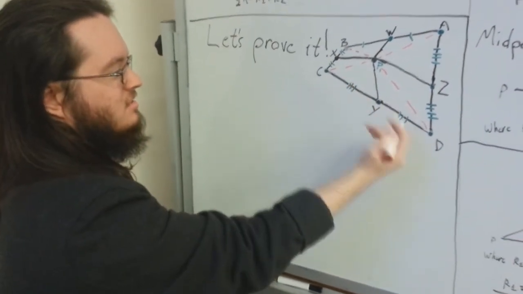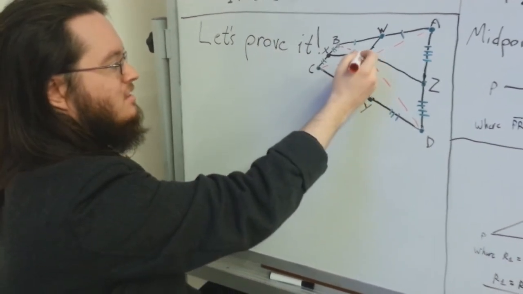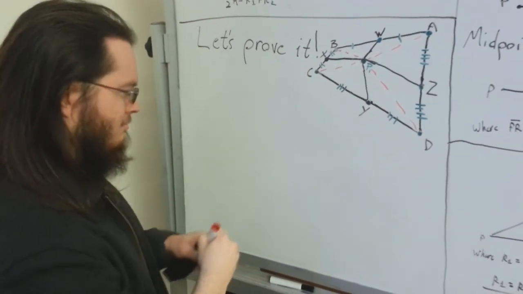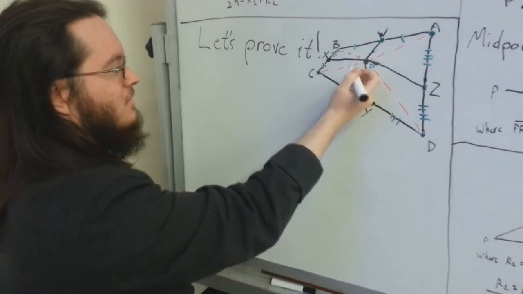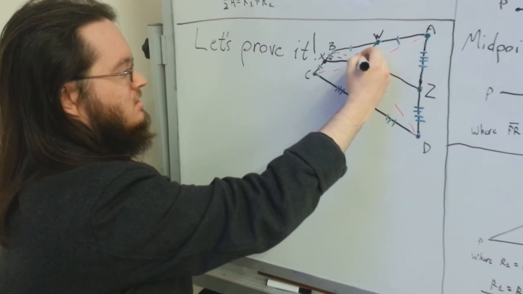This creates several triangles. This is helpful because we know that each of these triangles is going to have the same altitude from each side.